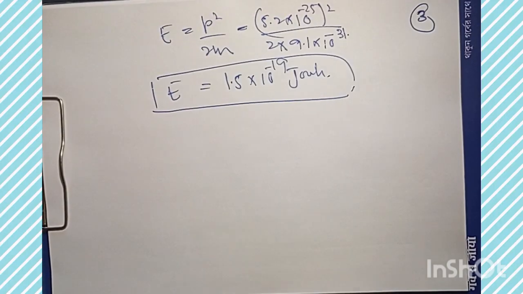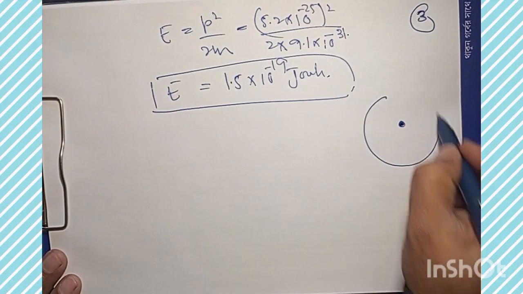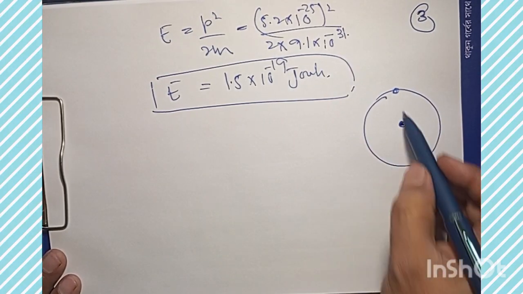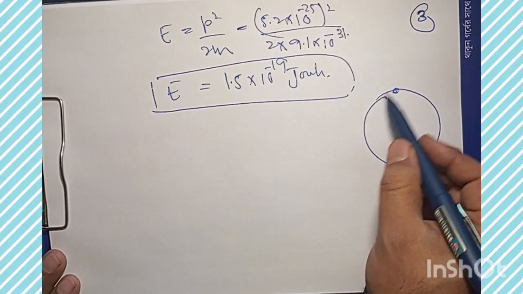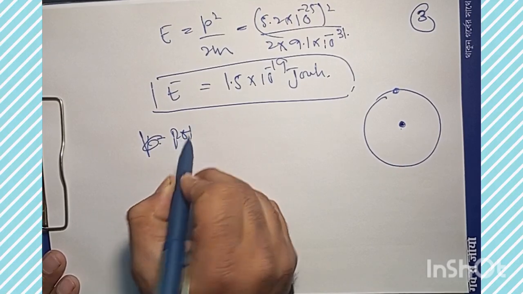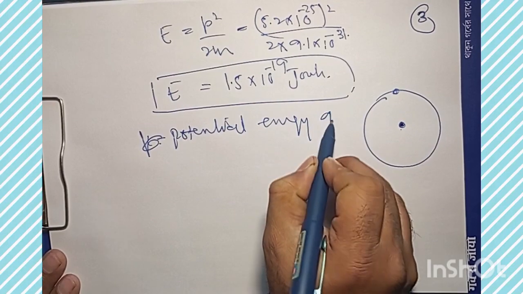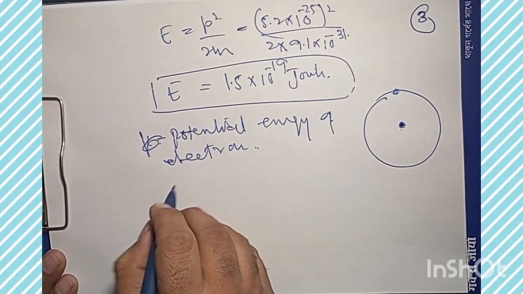Now, the potential energy of this electron. You have a nucleus and this electron is revolving around the nucleus. Now, the potential energy of this electron with respect to the nucleus, because it's a bound state, what is that?